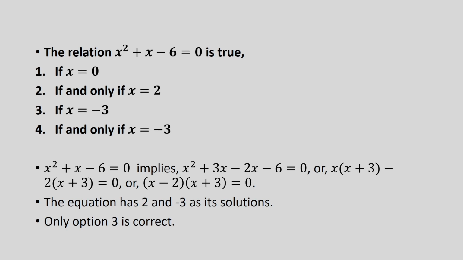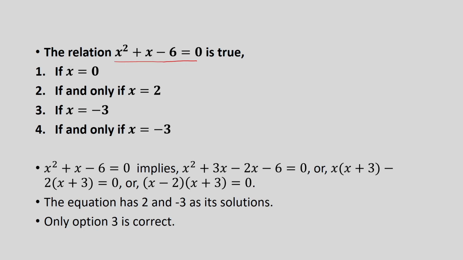Okay. Here is a related problem again from mathematical logic. The relation x square plus x minus 6 is equal to 0 is true if x is equal to 0, if and only if x is equal to 2, if x is equal to minus 3, and lastly if and only if x is equal to minus 3.